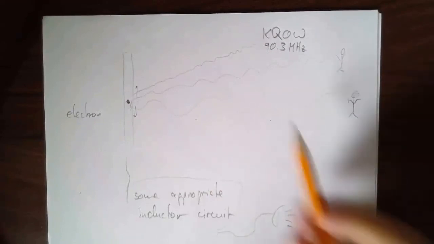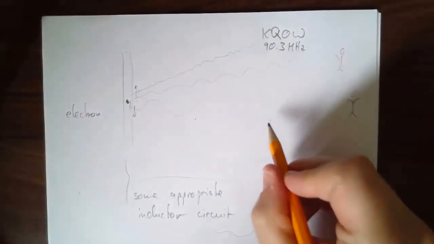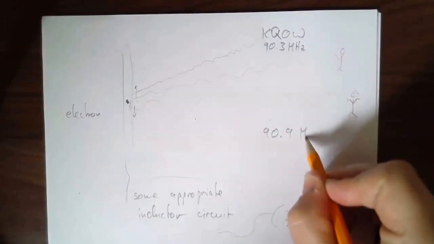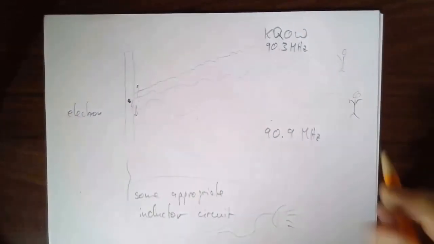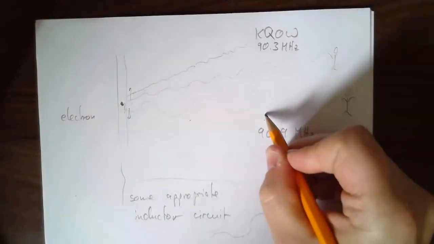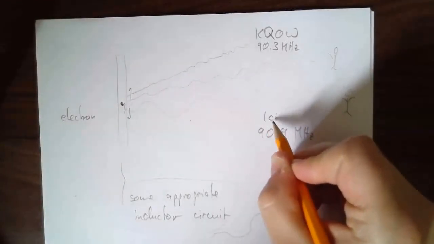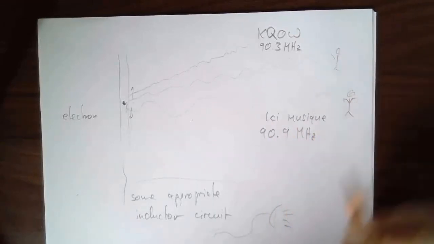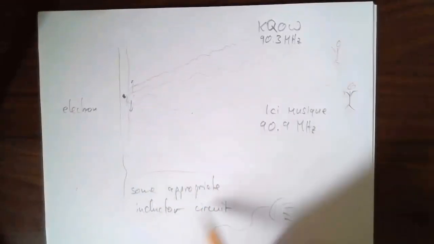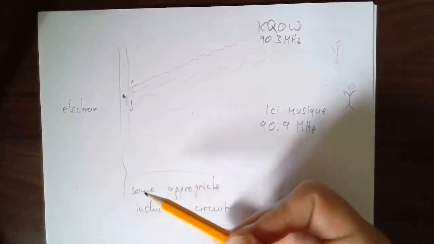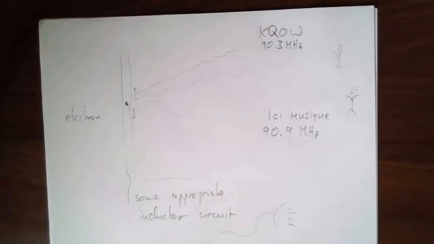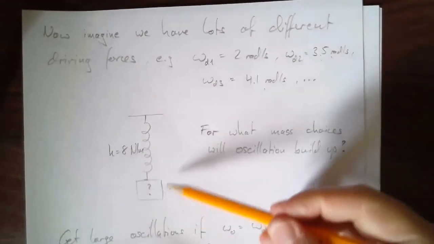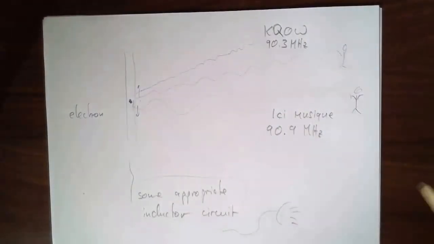And maybe you've got another friend who's, let's say, a different frequency. Maybe it's 90.9 megahertz is their chosen driving frequency. Let's call them EC Music. And if you want to listen to them, you're changing the mass, right, on your spring figuratively, but it's not literally a mass on a spring.